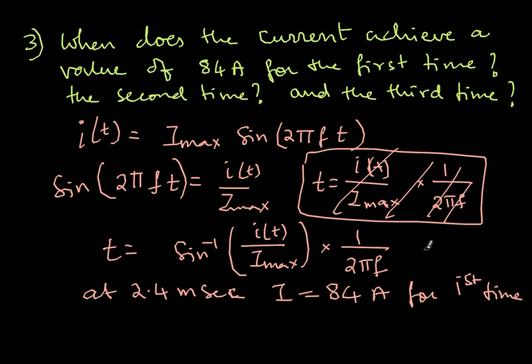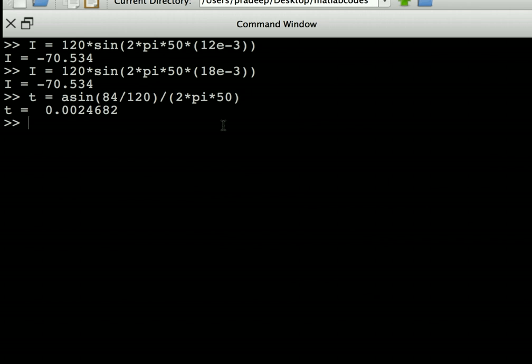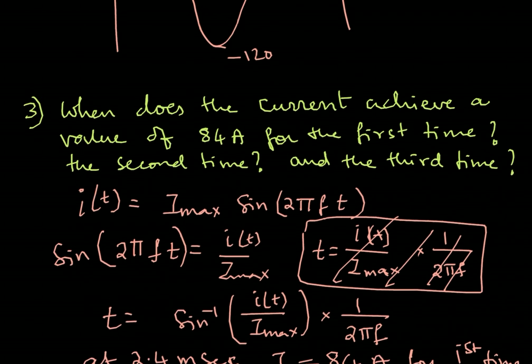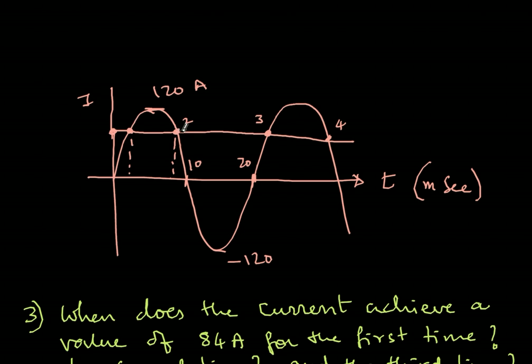Now the second time, unfortunately, if you write the same equation once again, you don't get the second answer. So I want to choose this point. Since I know from here this distance is 2.4 milliseconds, I will subtract 2.4 milliseconds from 10. That is when I get 84 amperes the second time.